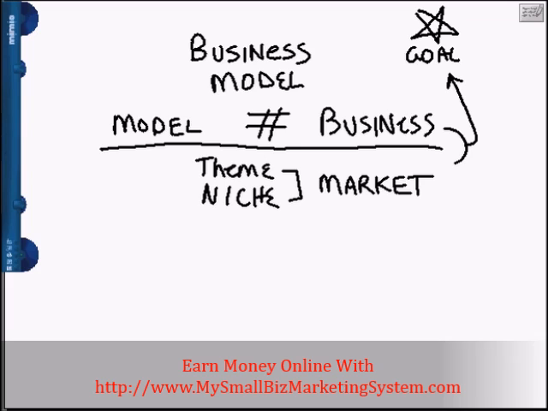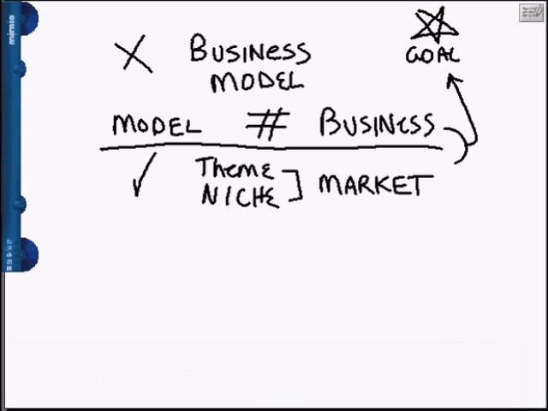Or actually, let's say we've got a business model that absolutely bites, that doesn't work. It isn't feasible. It doesn't give us the lifestyle that we want, but we're in a really super hot market. Is that going to work for you? No. You know what? There's lots of people that go bankrupt in a great market because their business model bites.